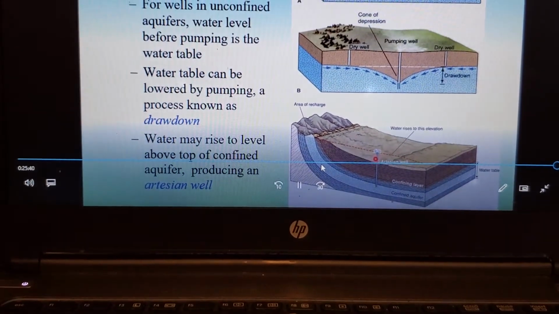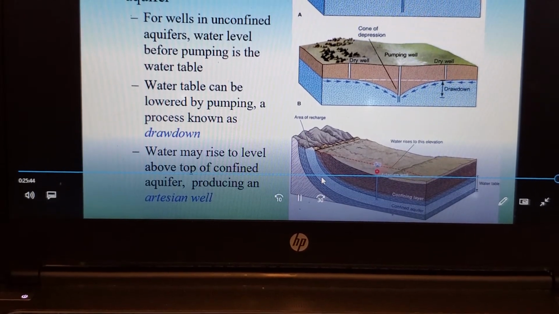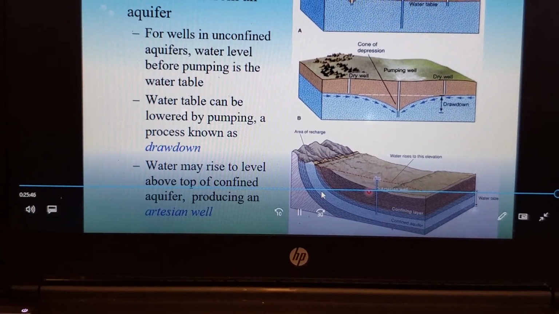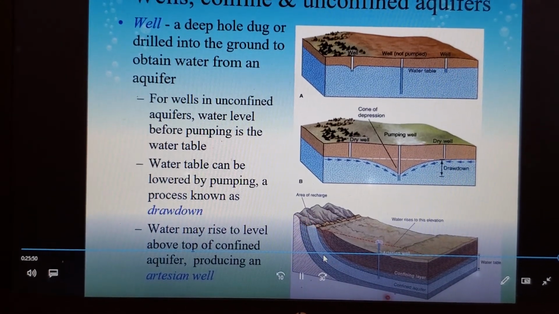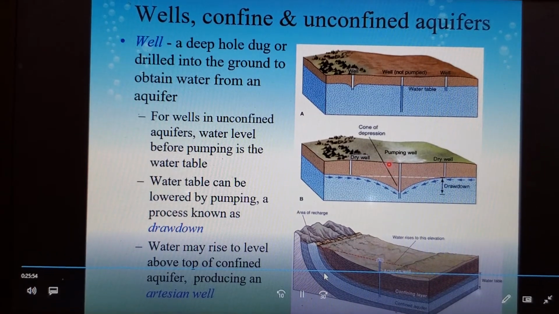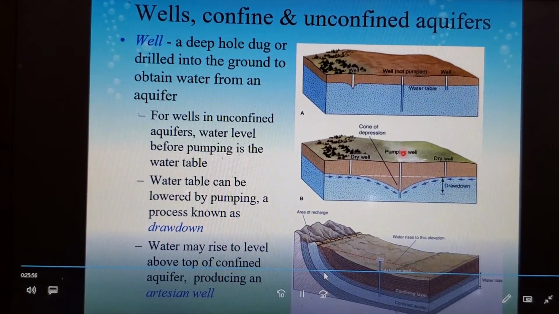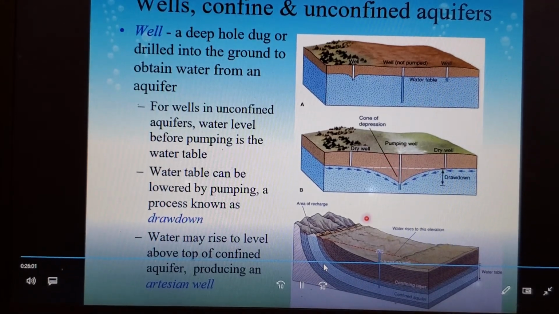If you drill a well, all you need to then do is cap it, and then when you open your tap, the water will flow under natural pressure from the water column. Whereas a well such as this one, you actually have to attach a pump to it and use energy to pump it out. So that's the difference between a non-pumping and a pumping well.